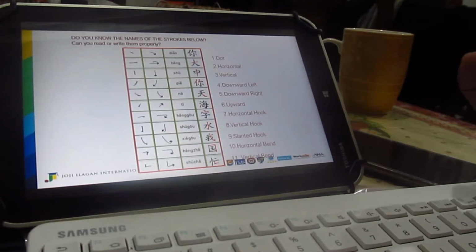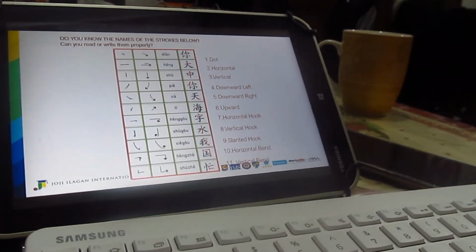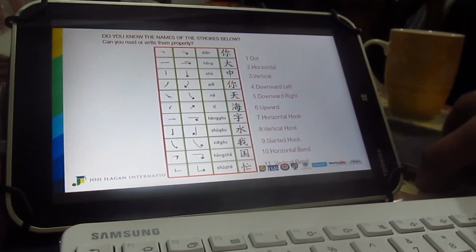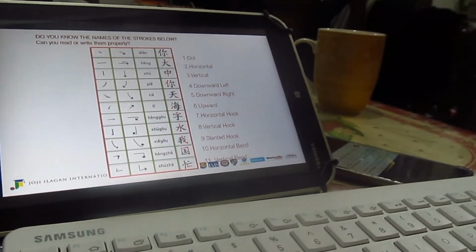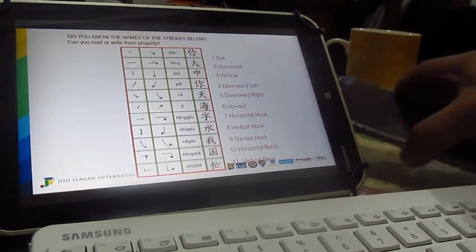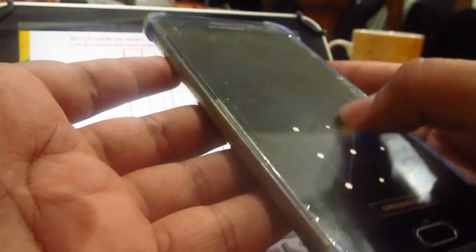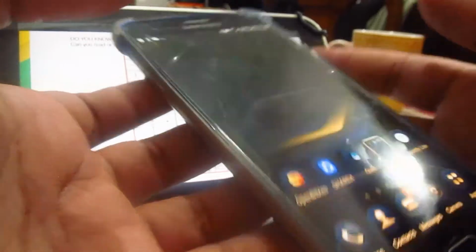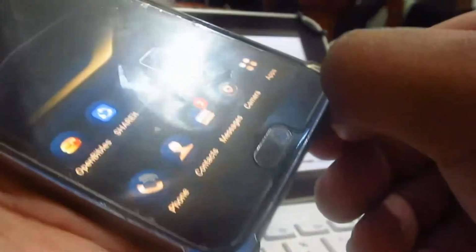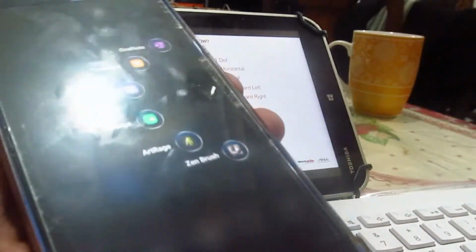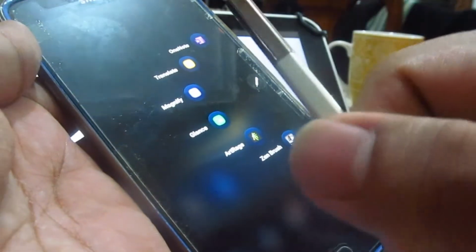Chinese characters have 12 basic strokes, and let's review them one by one. And if you really want to practice, aside from a pen and paper, if you insist on taking advantage of gadgets, you might want to invest in a phone with a stylus like the Samsung Galaxy Note series, which has a stylus called the S Pen.